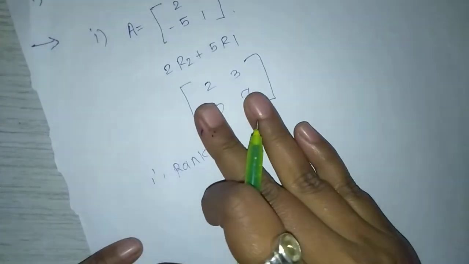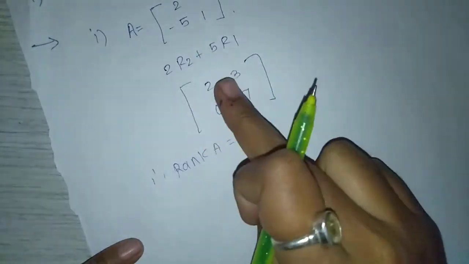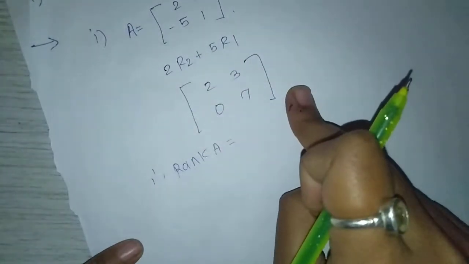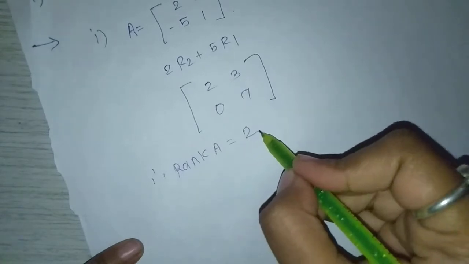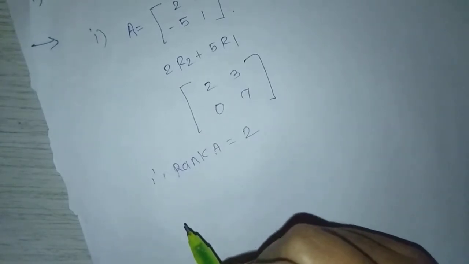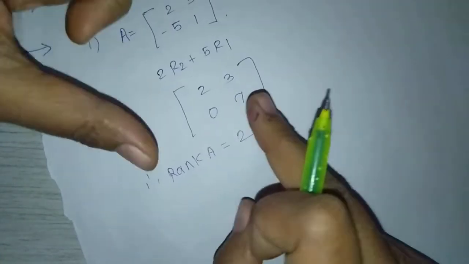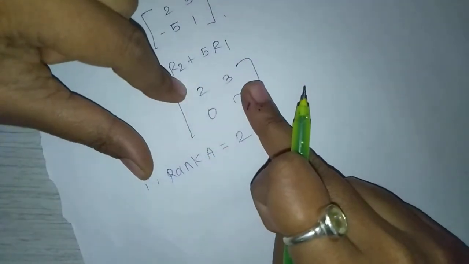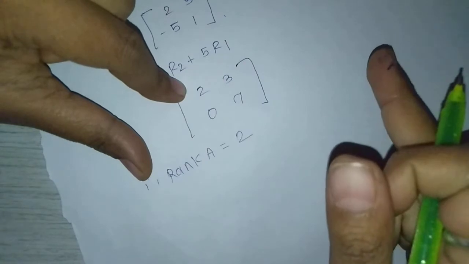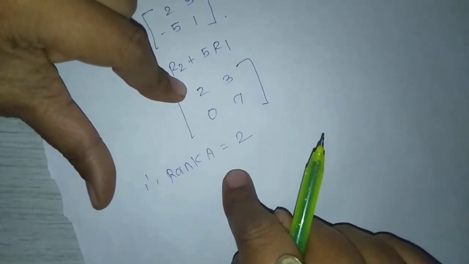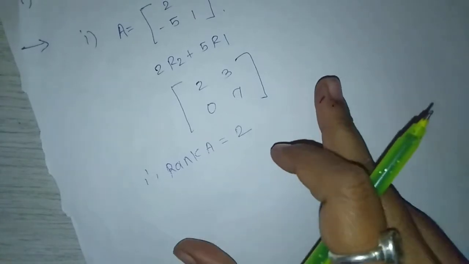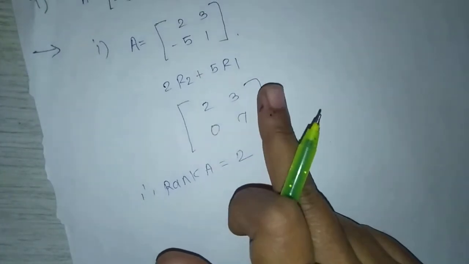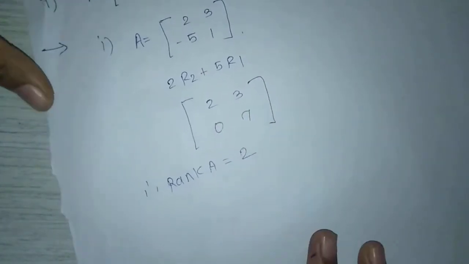Here the number of non-zero rows is 2: first non-zero row, second non-zero row. So rank of A equals 2. Also, we can find the column space of A. Here pivot positions occur in the first column and second column, so dimension of column space of A equals 2. So rank of A equals 2. Or simply we can observe the number of non-zero rows.